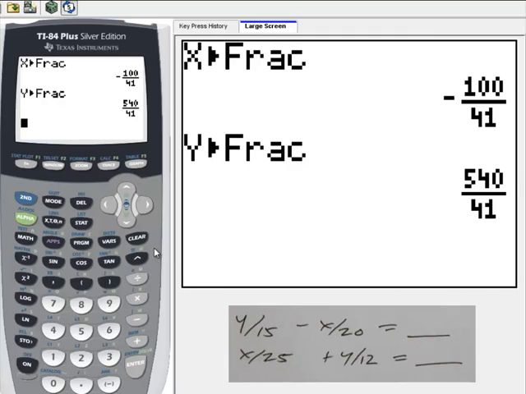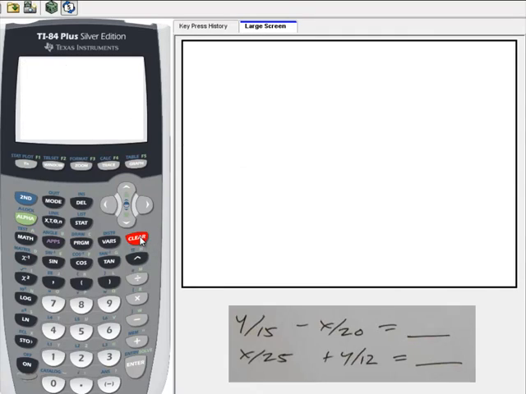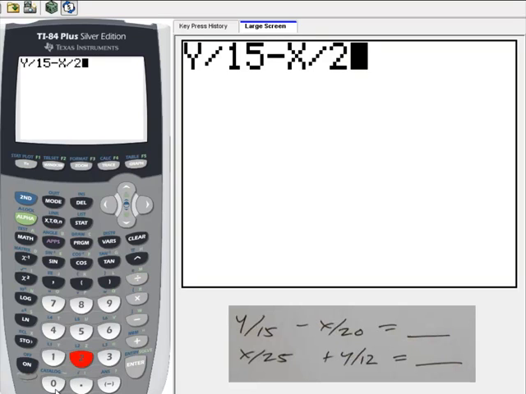Here at the calculator, perhaps we clear the home screen and take the first left-hand side of an equation. That would be alpha y divided by 15 minus x divided by 20. Enter. 1.